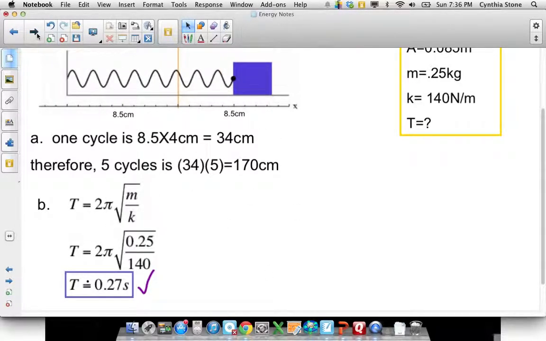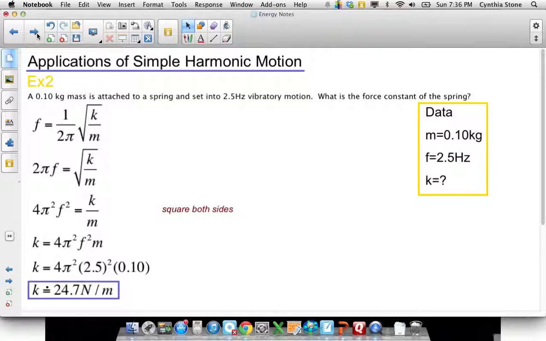Okay, all right. Another example, here I'm given a mass and I'm given a frequency and I want to find K, the force constant. So we're given the mass, we're given f, we want to find K. This is the formula on simple harmonic motion. Solving for K to get K by itself.